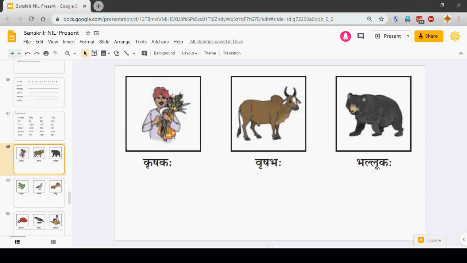So quick reading here with the pictures. Anybody else want to try? Liliana.